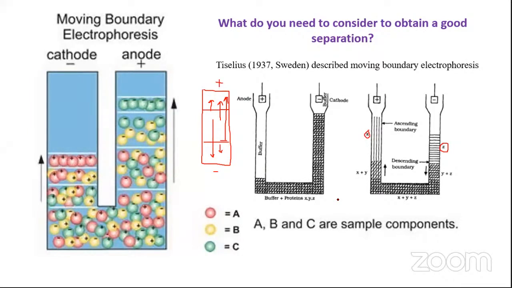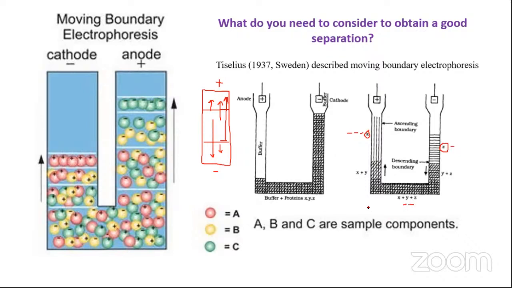Now, this is quite easy to answer. Yes. Like, if it is moving towards the anode, can I not say that X has 3 negative charges while Z has only 1 negative charge and Y has 2 negative charges?